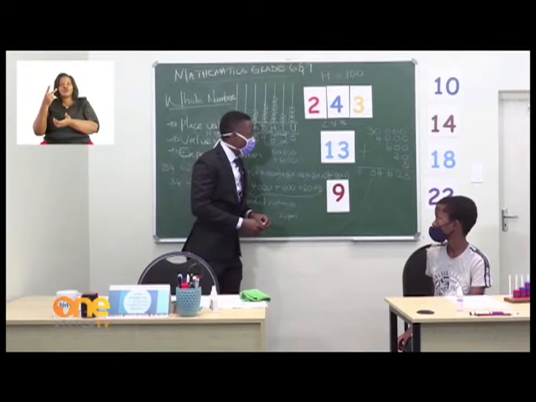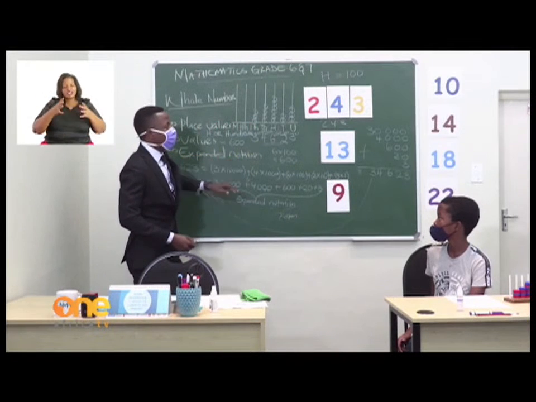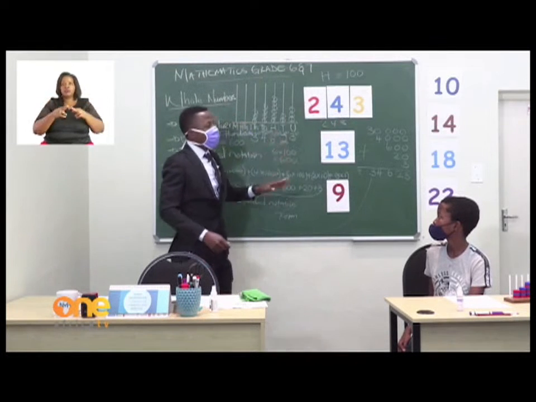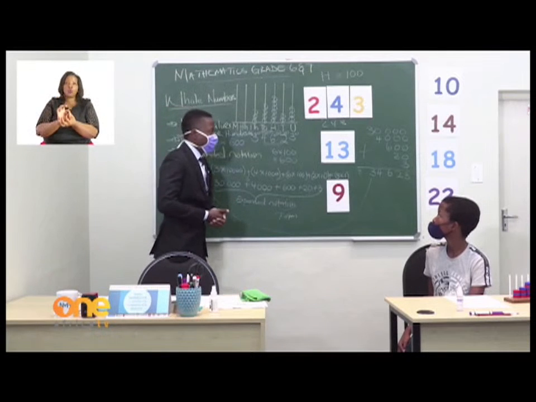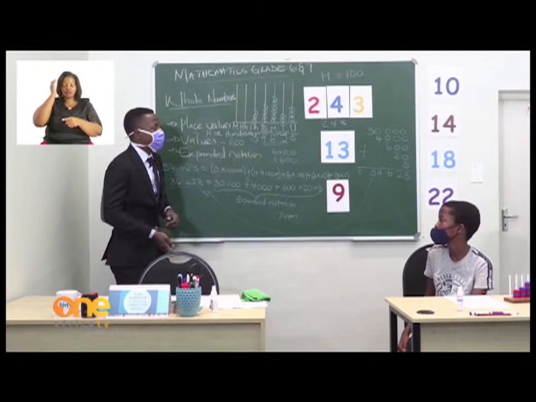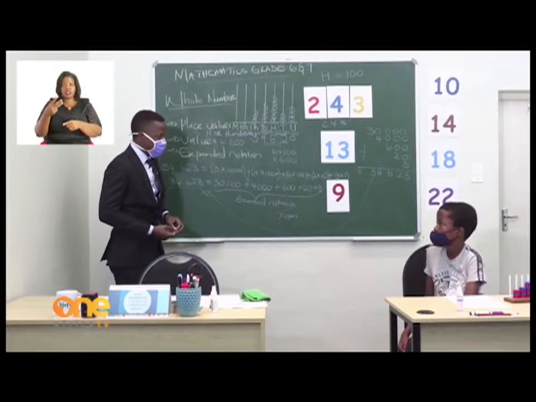And what is the value of 3? And you need to expand. How do you expand this number? So, you can try that at home, and it will help you, of course, to know and understand these 3 concepts much better.